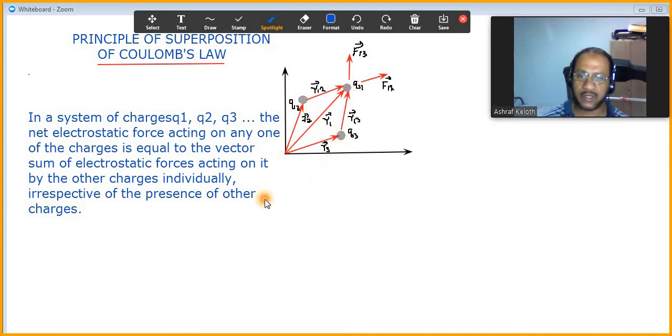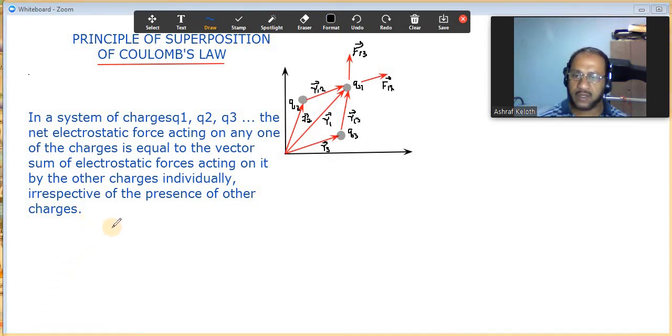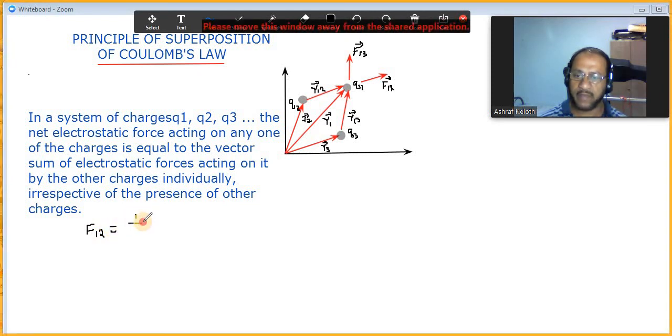The force exerted on the charge Q1 by Q2, that can be written as F12, is equal to, if the charges are placed in vacuum, 1 by 4 pi epsilon naught into Q1 Q2 divided by R12 square.